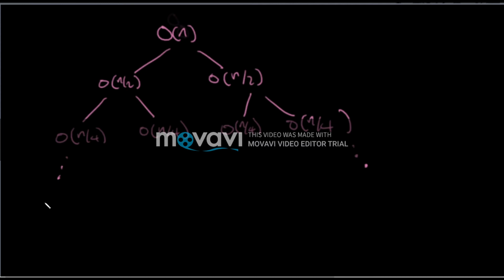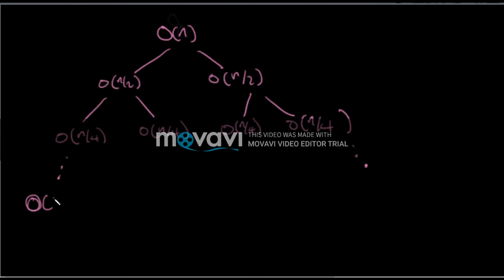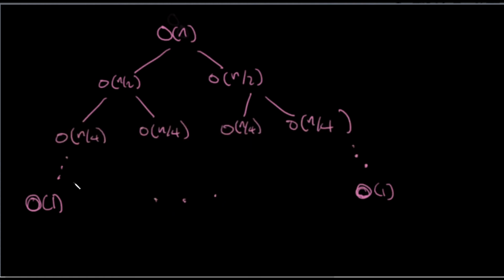When the array is of length 1, all we're going to do is execute those first two lines of merge sort, which just return that array itself. And that, like we said before, is a constant operation. The base of this tree is going to be all constant operations, O of 1.